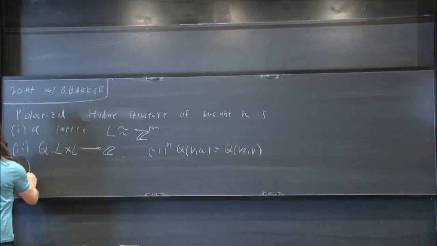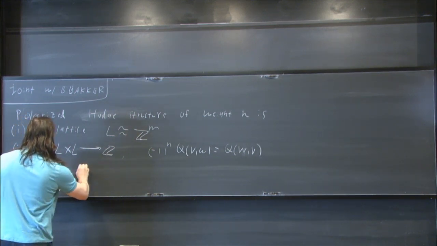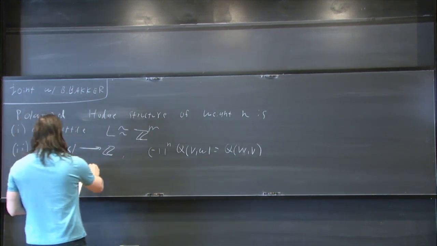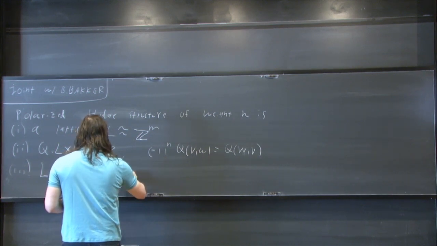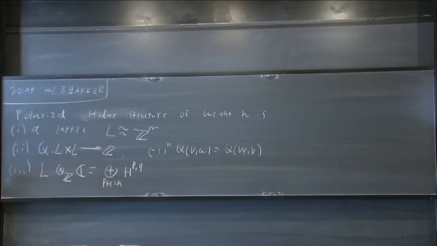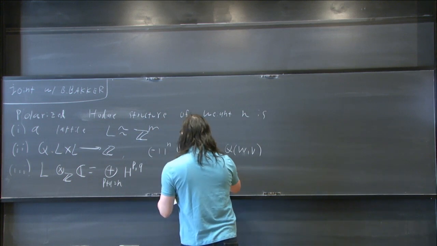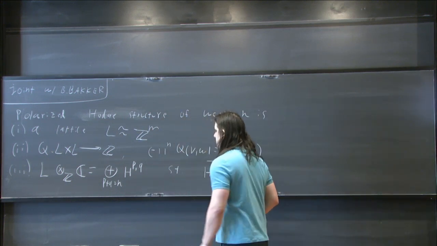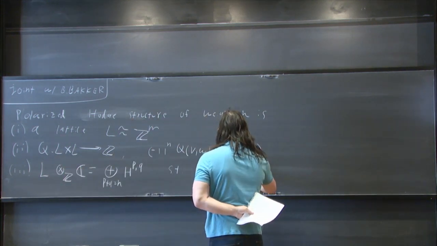And finally, we're going to have a decomposition of the complexification of our lattice, L tensor C, into pieces H^{p,q}, which are complex vector spaces, satisfying the following two properties. First of all, if you complex conjugate H^{p,q} with respect to the complex conjugation given by this tensor product, you get H^{q,p}.